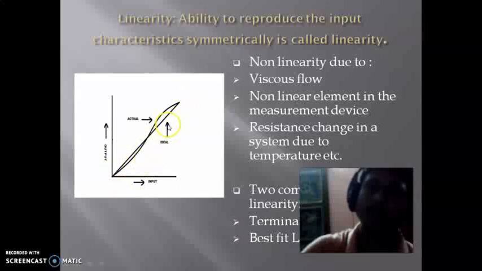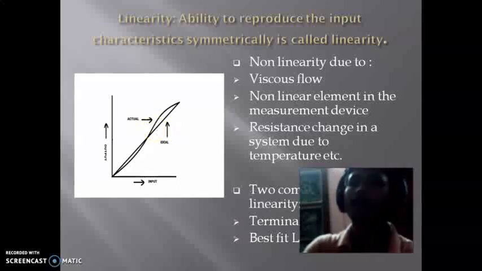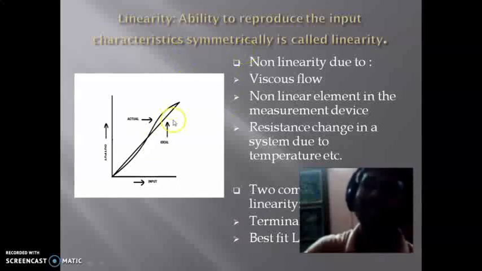But due to some error or some problems in the system or instrument, we will not get the ideal curve. Obviously we will get this kind of actual curve, and this is non-linear, not the linear one.